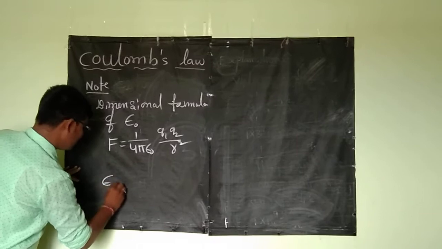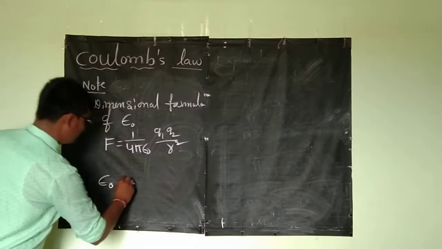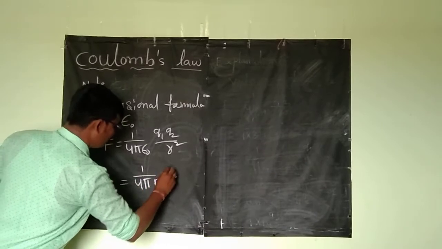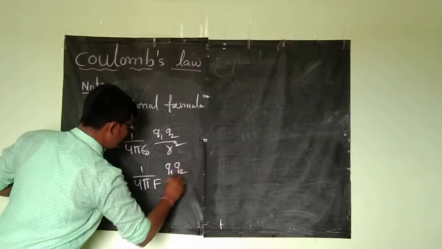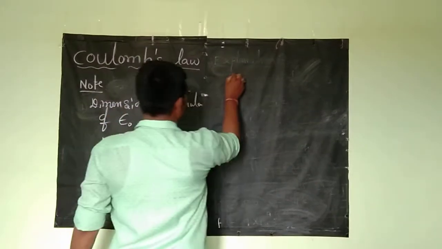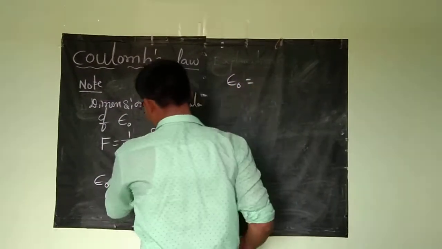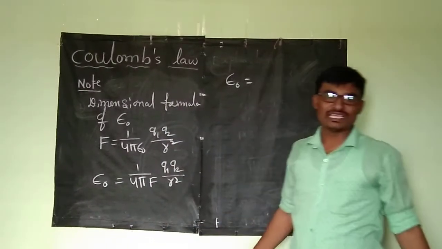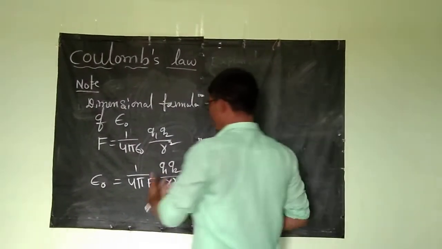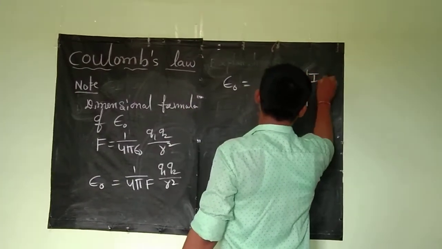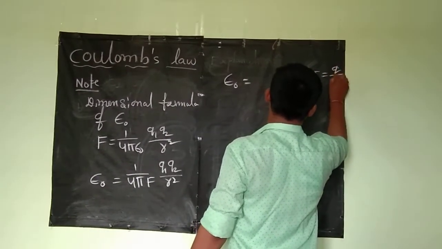We are going to find the dimensional formula for epsilon naught. Here epsilon naught is equal to 1 by 4 pi, q1 q2 divided by r square times F, right? Here 1 by 4 pi is a constant value, unitless as well as dimensionless. For charge, we know the current definition: it is the rate of charge, that is I equals q by t.